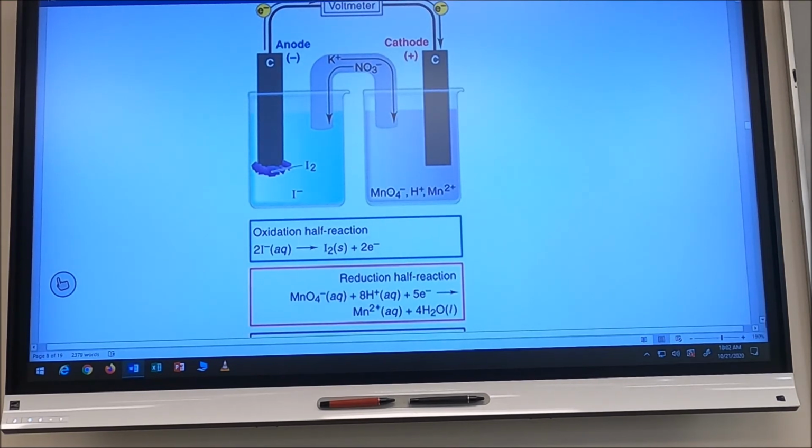Okay, now let's look at this voltaic cell. Now here we have the reaction 2 iodide ions going to iodine on the anode side, on the oxidation side, and MnO4 1- plus 8 hydrogen ions plus 5 electrons going to manganese 2+ and 4 water molecules on the cathode reduction side.